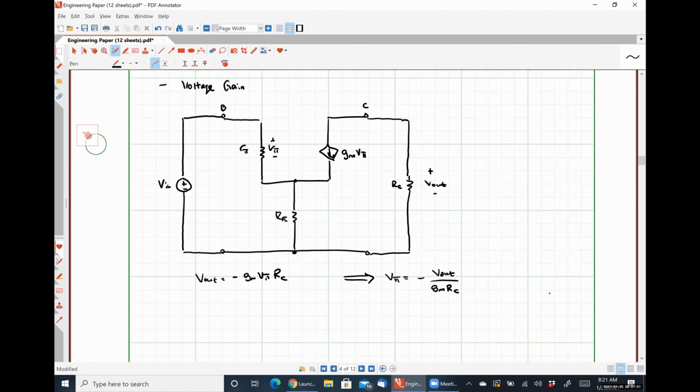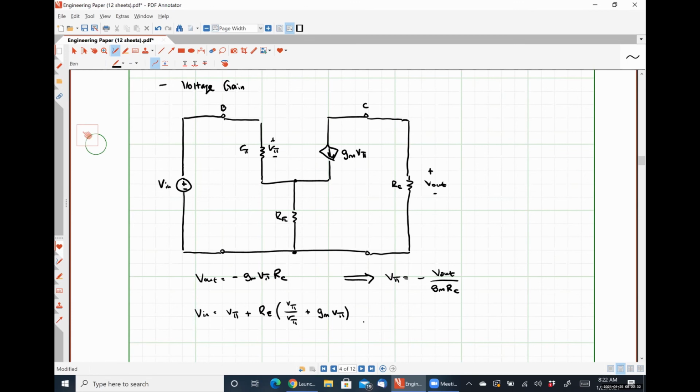Now I'm going to use Kirchhoff's voltage law around the left-hand loop. And so I get Vn is equal to V pi plus RE times V pi over R pi, that's the current flowing through that resistance R pi, plus GM V pi.